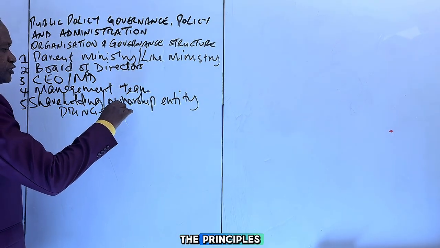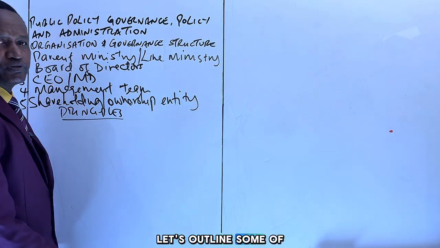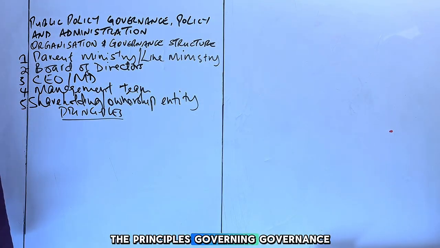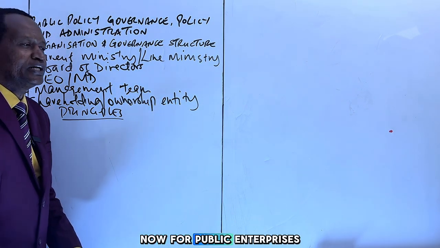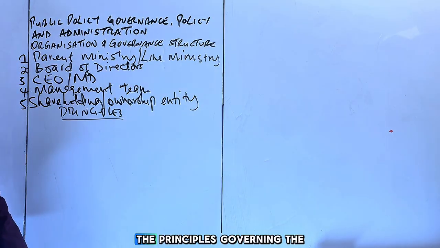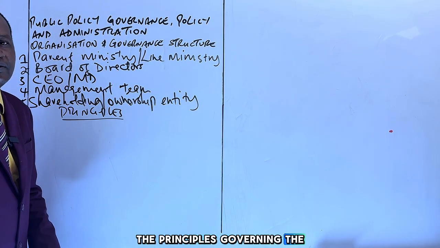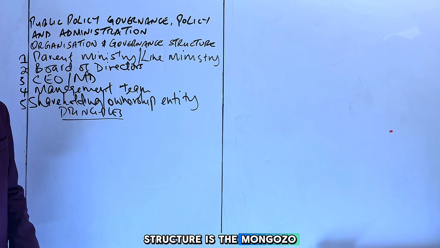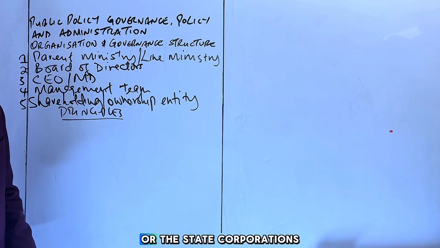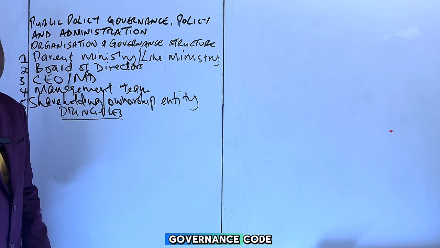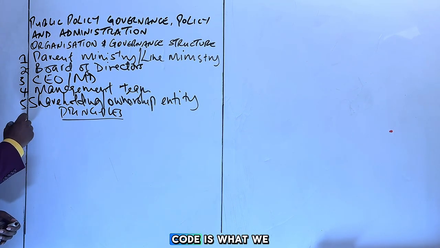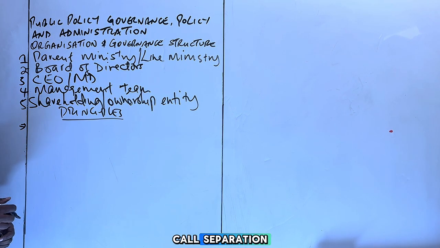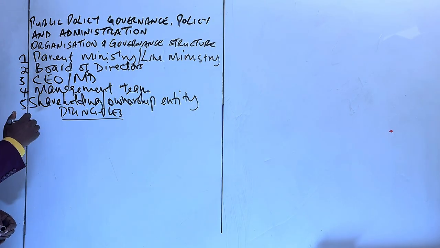Let's outline some of the principles governing governance structure. For public enterprises, the principles governing the structure is the Mwongozo Code, or the State Corporations Governance Code. And one principle that we find in that code is what we call separation of powers.